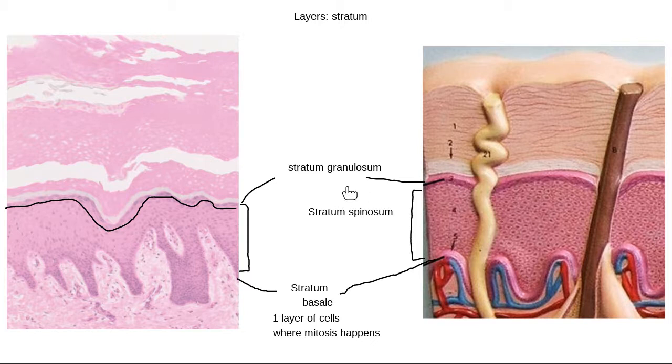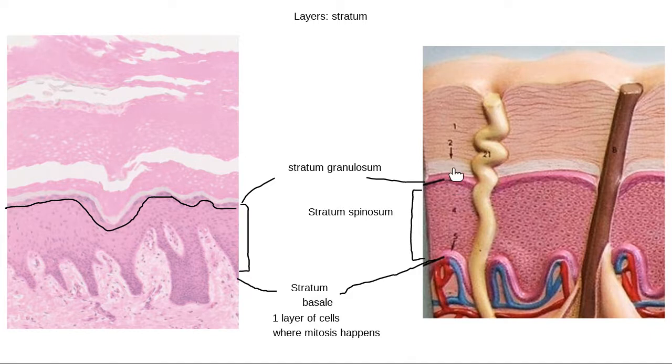This one gets its name because the cells are filled with granules, which are basically purple dots. Little purple dots that fill up these cells, making this line of cells here typically 3 to 5 layers thick. These purple spots, these granules, are going to help these cells be waterproofed. So stratum granulosum is my darker colored cells. By the time we start to get to stratum granulosum, these cells are starting to die.